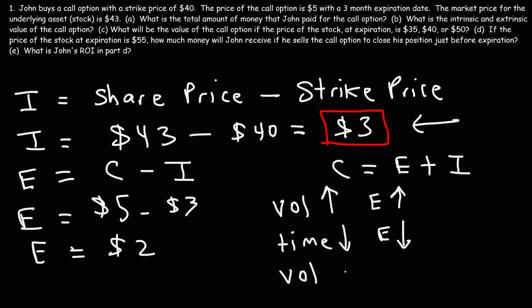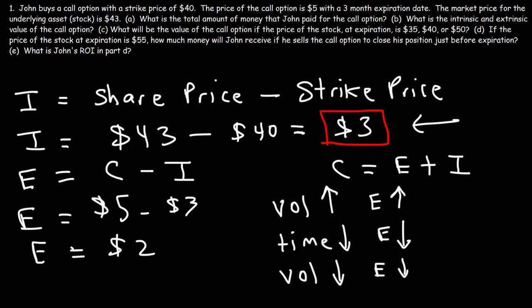But also, as volatility decreases, the extrinsic value decreases. So let's say if you buy a call option when the stock is moving a lot, that is when it's very volatile, and then it cools down, the call option will decrease in value. So it is wise to buy a call option when volatility is low, but to sell it when volatility is high. You don't want volatility to work against you when buying call options.